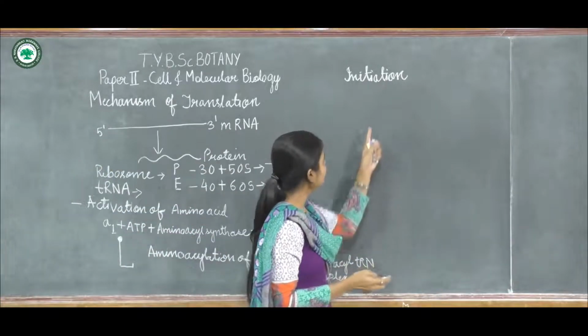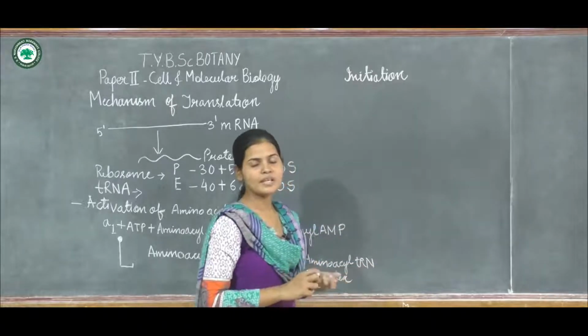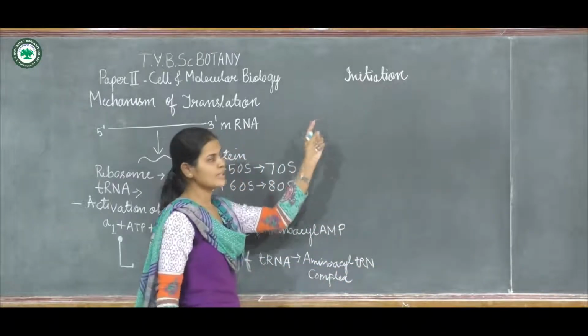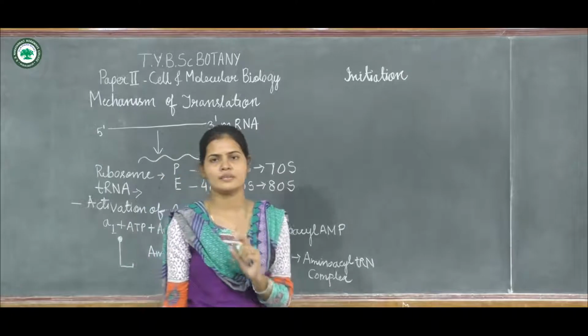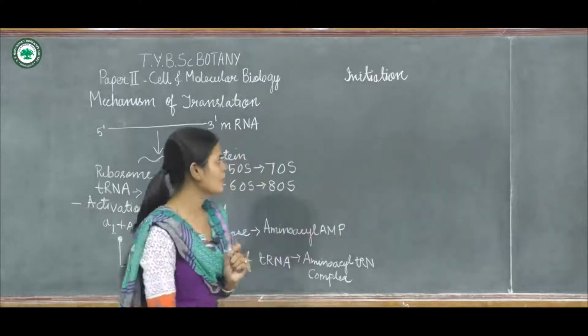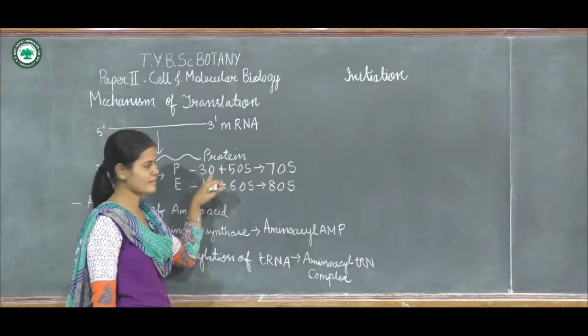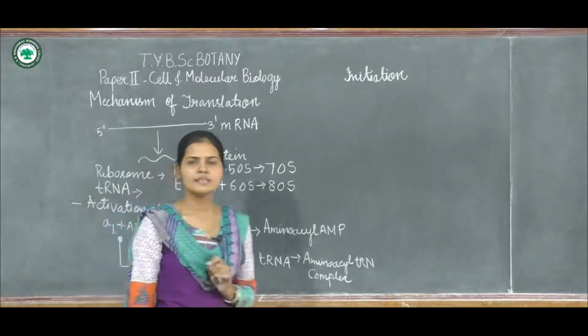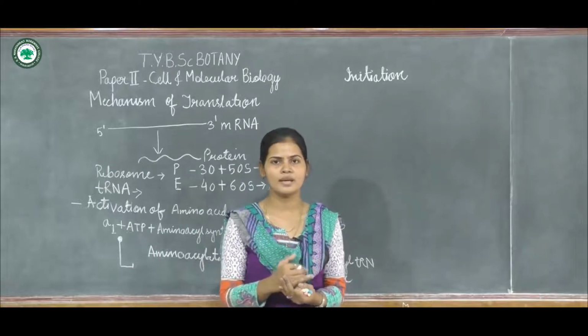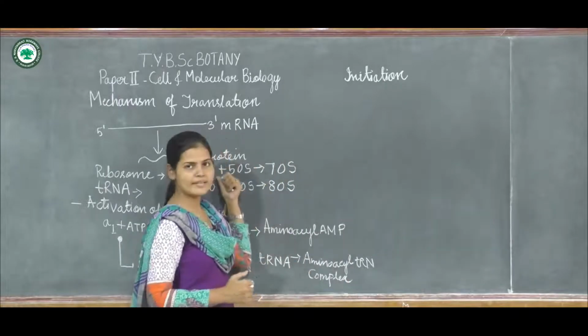For this initiation step, there will be requirement of firstly the subunits of the ribosome. So ribosome, in case of the prokaryote, is made up of two subunits, that is 30S and 50S. So first there will be the assembly of the 30S subunit.